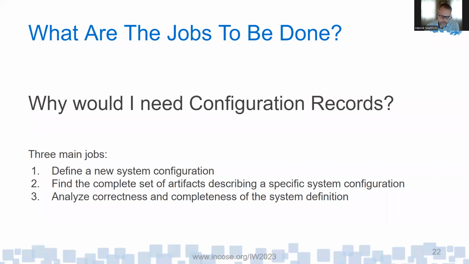So we're going to look at two main jobs. I'm going to talk a little bit about the third. So we're going to look at defining a new system configuration, and then we're going to dive a little bit deeper into the third one, analyze correctness and completeness of the system definition. So those are the two main jobs we're going to look at here.